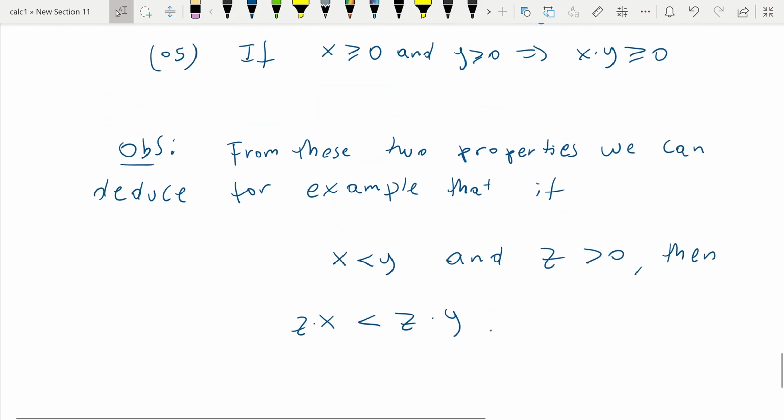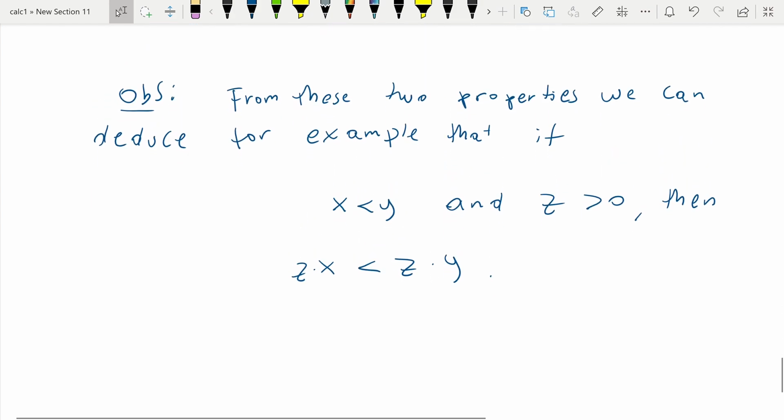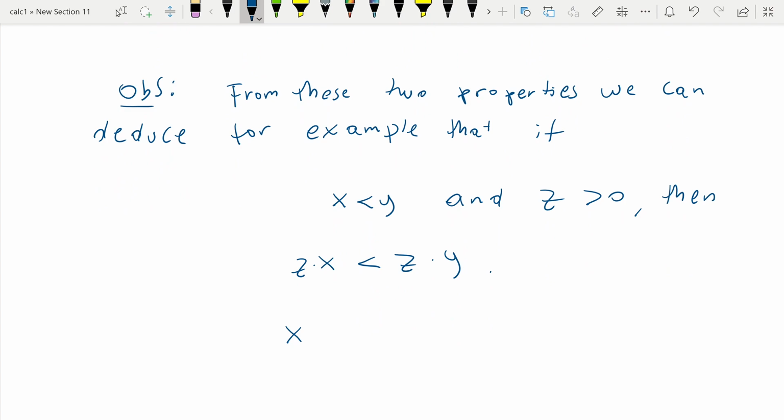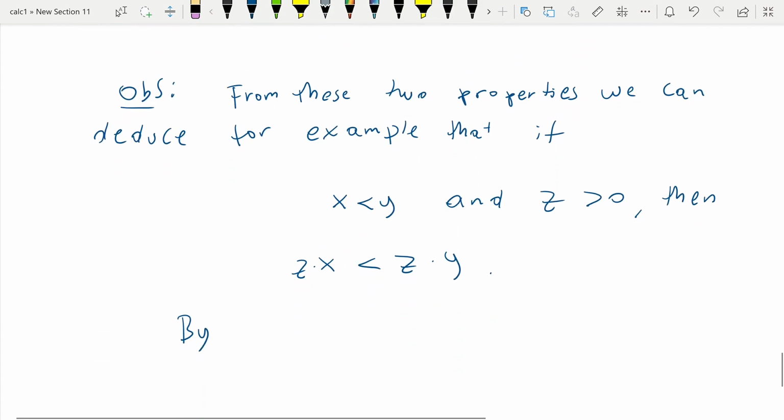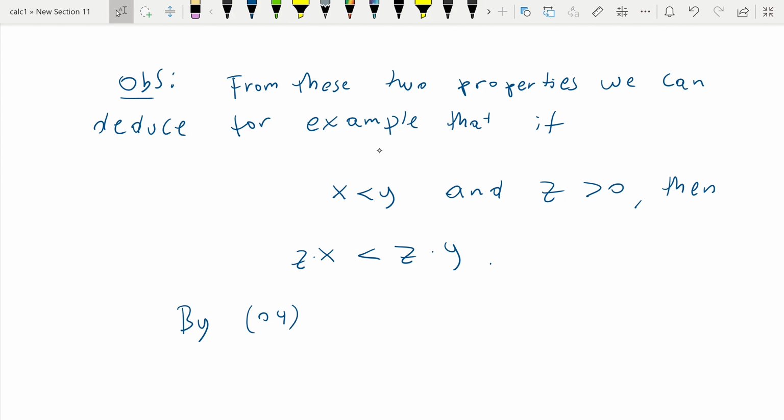The reason is that, first of all, by the first property for an ordered field, so by 04, we can add minus x on both sides, and we get that 0 is less than y minus x.